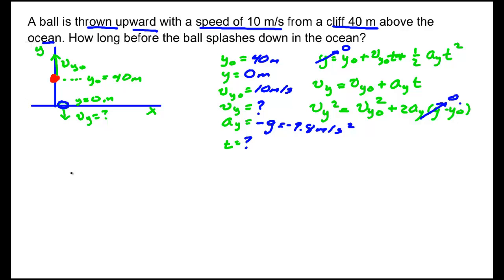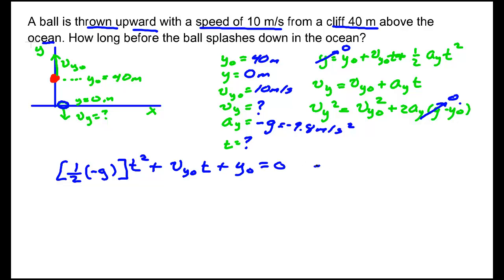So I remind you that this equation, which can be written as 1/2 times minus g times t squared plus vy naught t plus y naught equals 0, is of the form a t squared plus b t plus c equals 0.